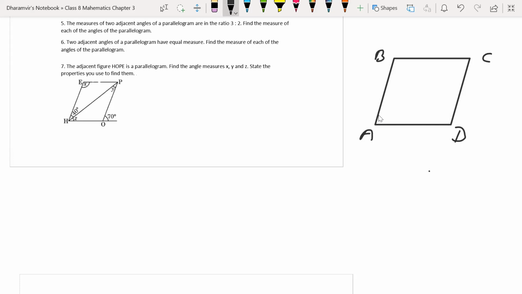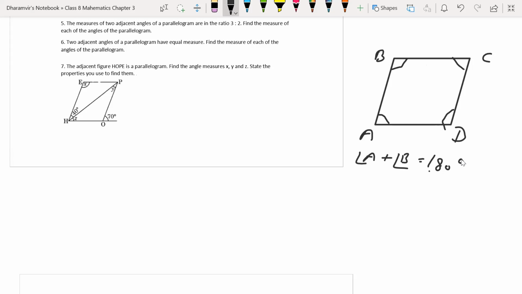So let's think of angle A, angle D, angle B, angle C. The sum of the measures of adjacent angles, that is angle A and angle B, is equal to 180 degrees, or we can state A and D is also equal to 180 degrees.